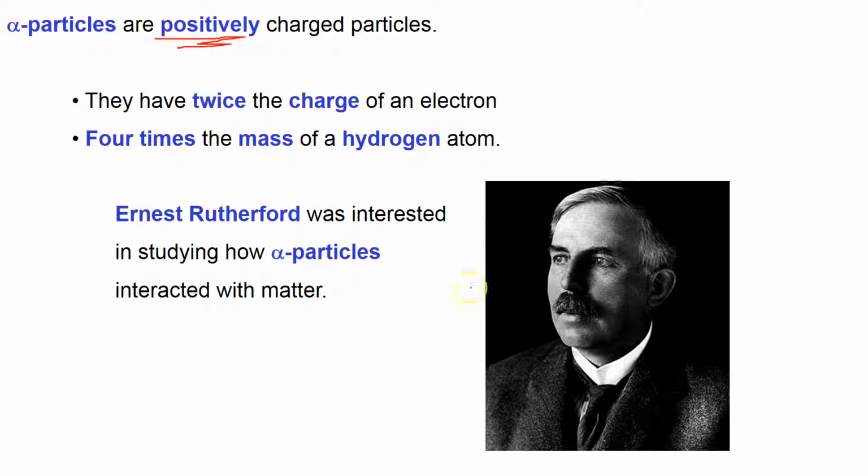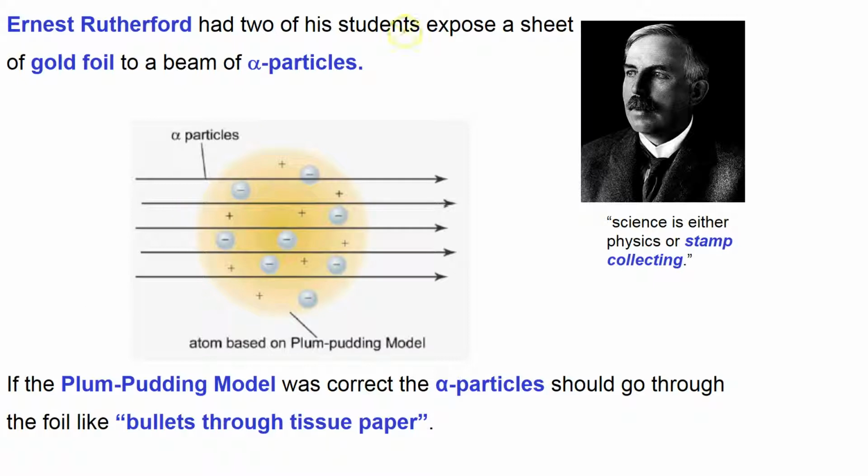A New Zealand physicist by the name of Ernest Rutherford had the idea of seeing how these alpha particles interact with atoms. He got his students to expose a gold foil to a beam of alpha particles.